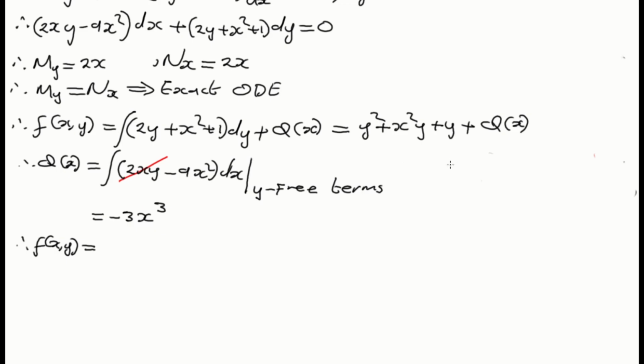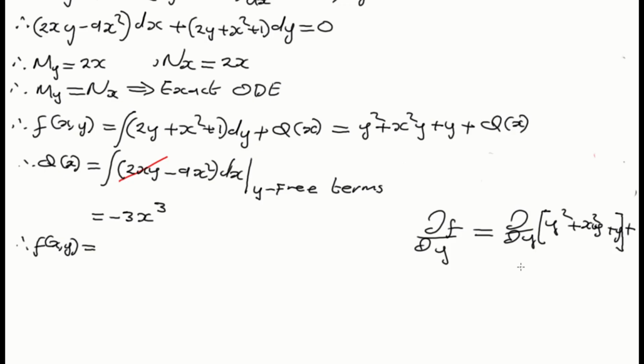The longer version which I mentioned involved getting this function and then coming back and differentiating with respect to y. Now differentiate all of this right hand side, y squared, x squared y plus y, plus q prime of x. Then equate this whole thing.